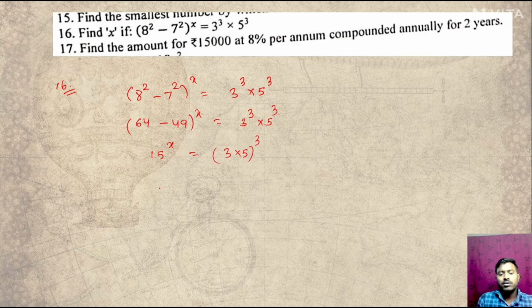Now 15 to the power x equals 15 to the power 3. So x is equal to 3 is the correct answer. Clear? Next question.